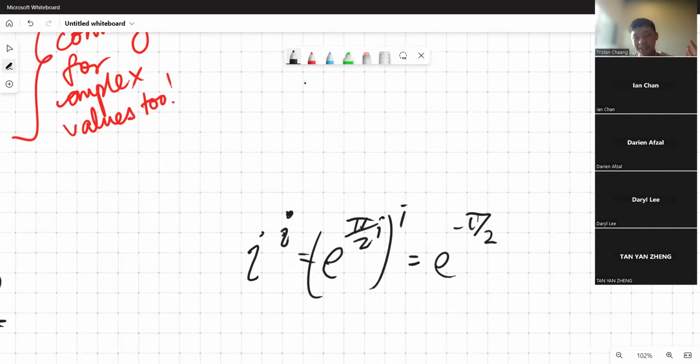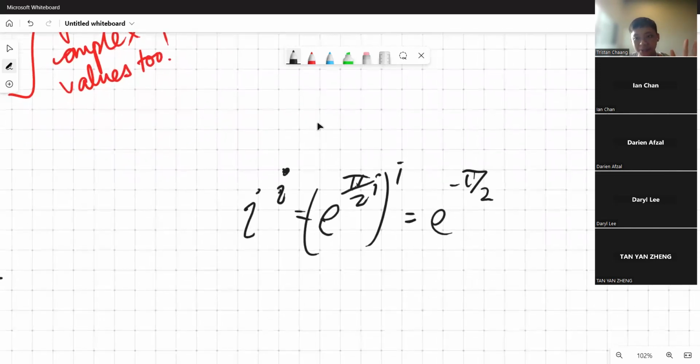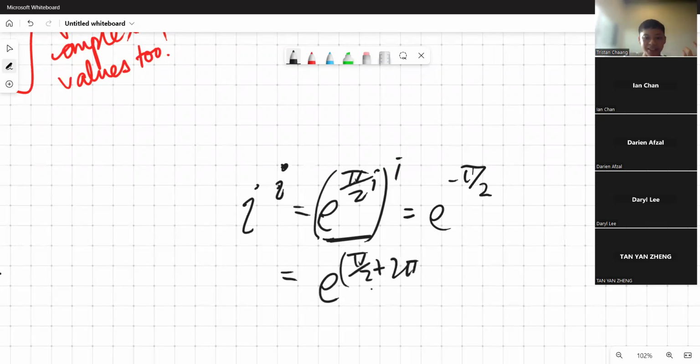Again, the first reason is, as I said, we haven't really defined what to the power of i means for a general complex number. And I think we cannot really give a very nice definition. And second of all, this is not the only way to write i, right? You can write it as e to the pi over 2 plus 2 pi i. And after raising by i, you get a completely different number.